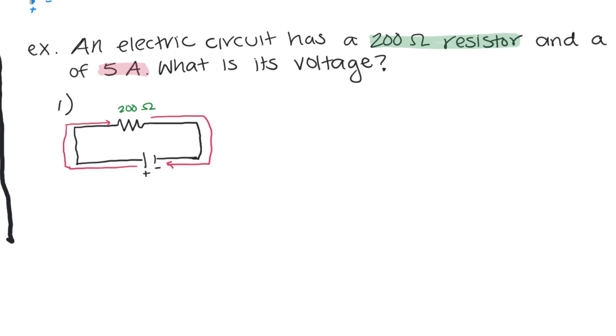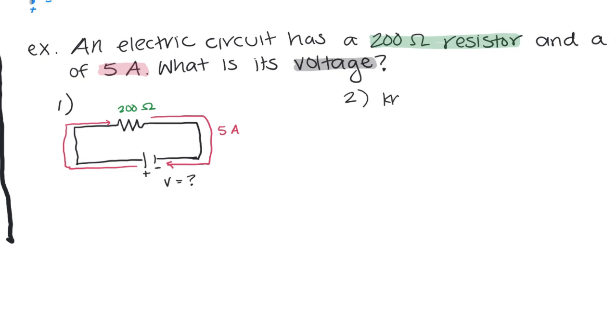So our current is 5 amps. What we do not know, what we are solving for in this problem is the voltage. So we want to know what the voltage is equal to in this problem. All right, so that is my step number 1 when solving a physics word problem. We will move on to step number 2.